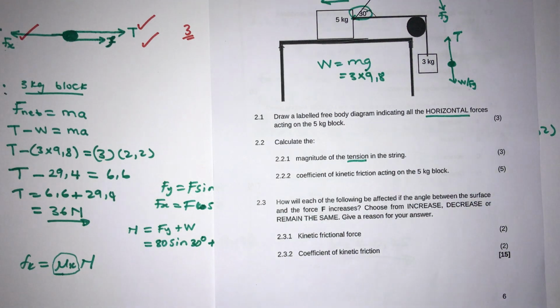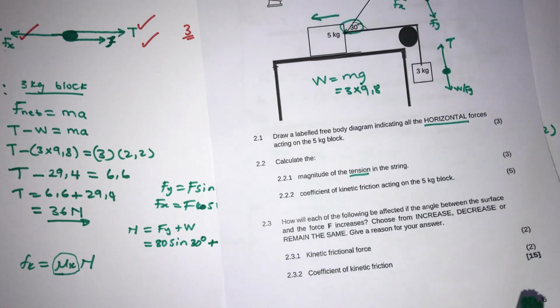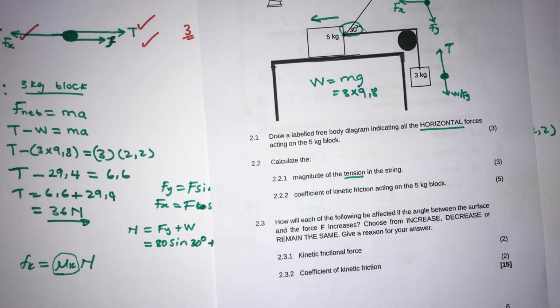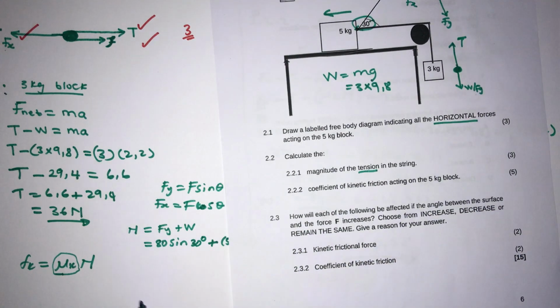So before we choose the answer, since they're saying the angle between the surface and the force increases, so once we increase the angle between the force and the surface, the normal force itself, it will increase. So it means that we're increasing the normal force. Once we increase the normal force, according to the formula Fk is equals to the coefficient of kinetic friction multiplied by normal force.